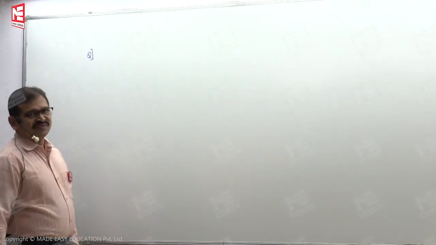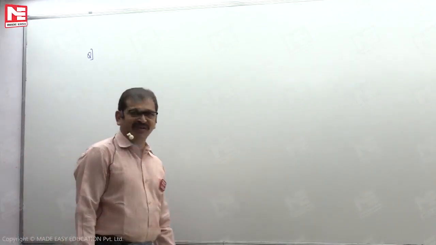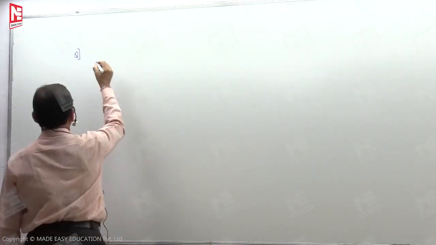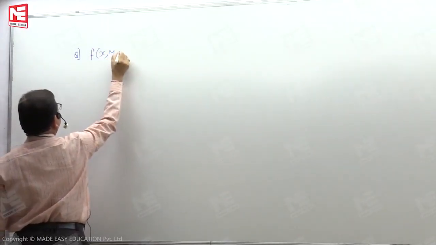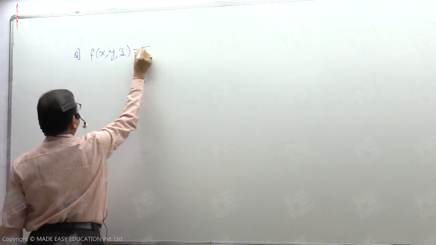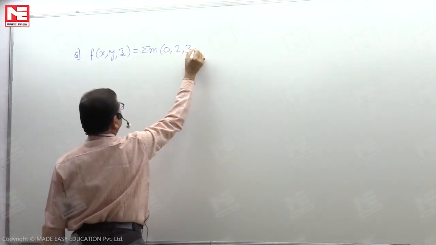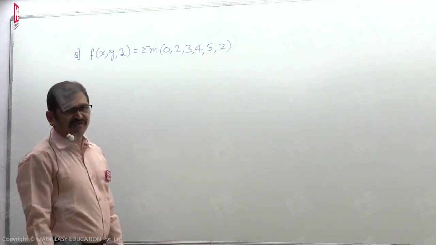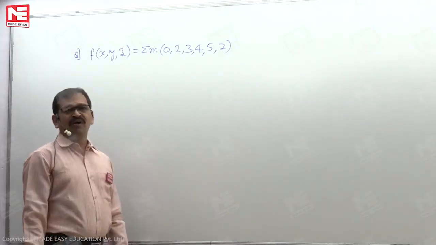Simplify the given Boolean function using Boolean algebra properties, where the given Boolean function f of x, y, z is equal to the minterms 0, 2, 3, 4, 5 and 7.